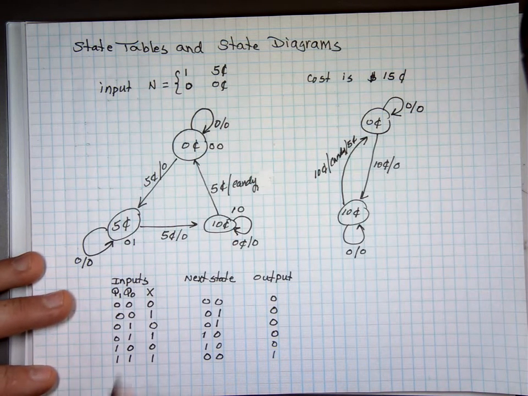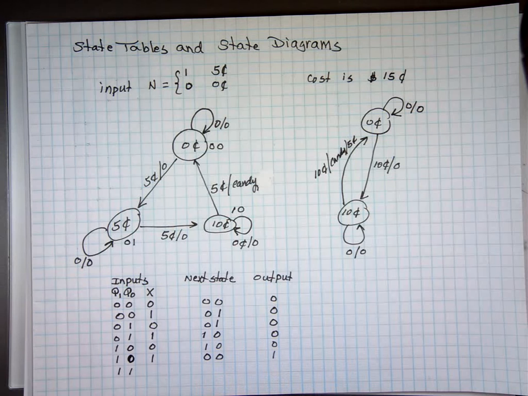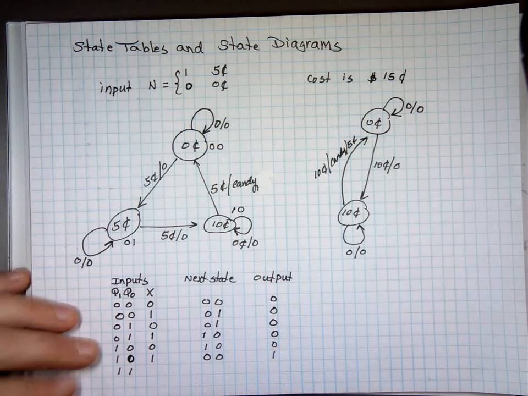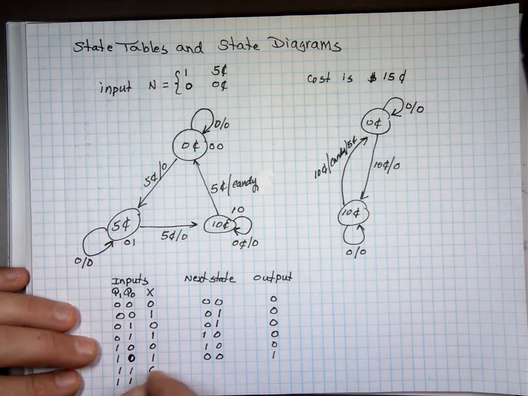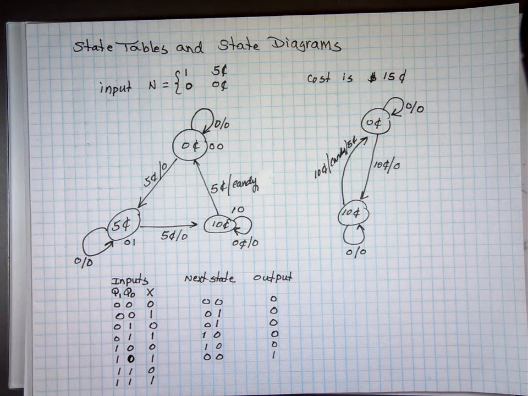If I'm at 1, 0, not 1, 1. So what about state 1, 1? Because I'm using 2 digits, there are 4 possible outcomes for Q1 and Q0: 0, 0, 0, 1, 1, 0, 1, 1. Now those are unused states. So what do you want to do in this case?